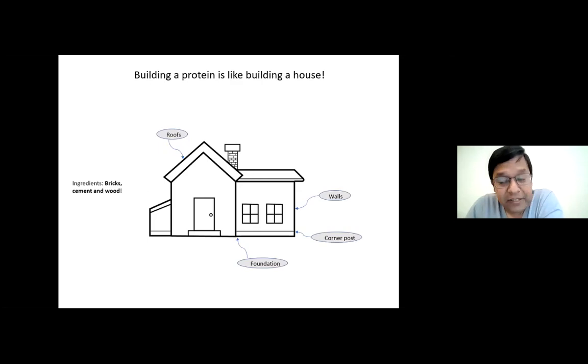Because I'm going to talk about my research a little bit, what I did, I just wanted to simplify the whole process. Obviously it's not simple, but you can imagine that building a protein is a problem of building a house, right? When you build a house, you have different structural elements. You have the foundation, the walls, windows, pillars, and the roofs.